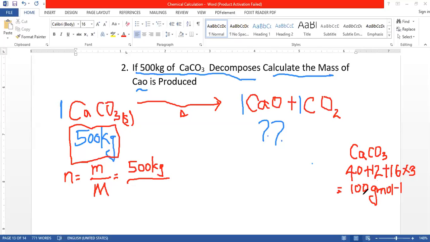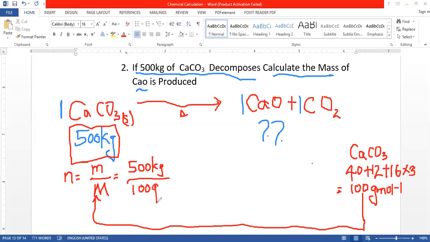The mass should be in grams, no? So 100 g mol^-1. Above, the mass is given in kilogram, and here it is in gram.